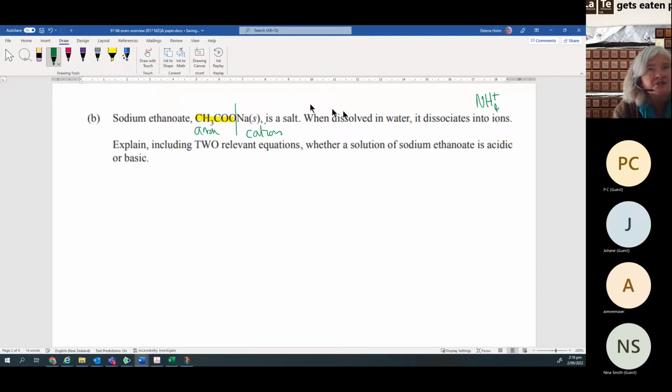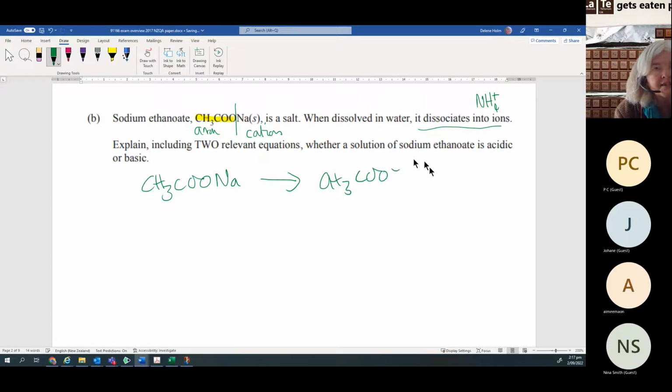Here, because it dissociates completely into its ions, you need to make sure you use the right arrow, which is a go to completion arrow. So I've got the CH3COO minus plus Na plus.